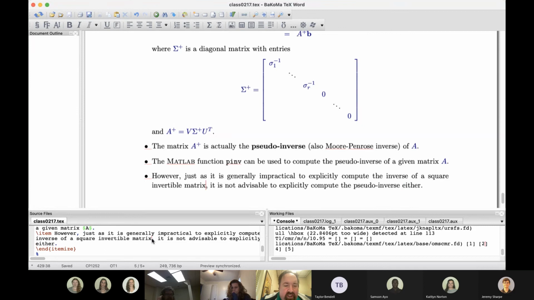By the way, I think I never really discussed why it's impractical to get the inverse of a square invertible matrix explicitly.